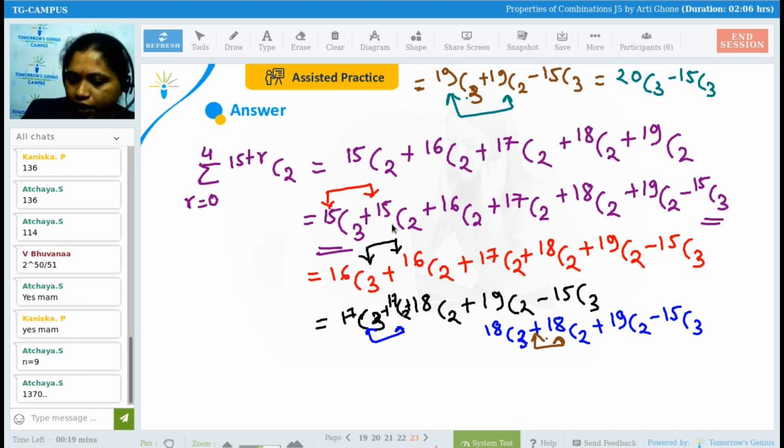Let us check: 20 into 19 into 18 divided by 6 is 1140. And 15 into 14 into 13 divided by 2, that is 1365.